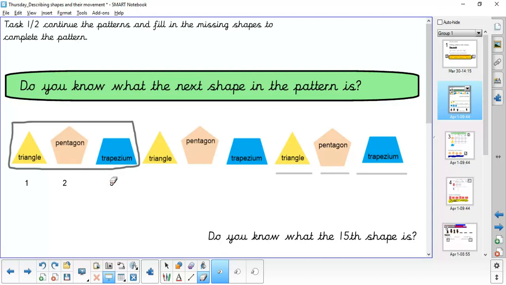And if I continue to count up in threes to the number 15, we'll hopefully find out which shape it will be. So triangle will be the fourth, the fifth, and the sixth, 7th, 8th, 9th, 10th, 11th, 12th, 13th, 14th, and 15th. So the 15th shape would be a trapezium.